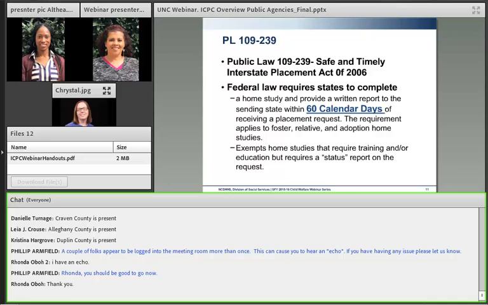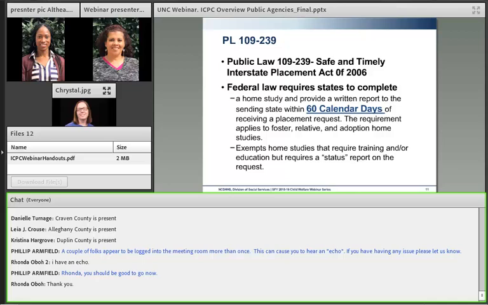This federal law states that a home study must be provided within 60 calendar days of a receiving request. This requirement also applies to our foster, relative, and adoption home studies. The 60-day time frame does require an exemption for home studies that require training or education, primarily as you see with our foster care requests.